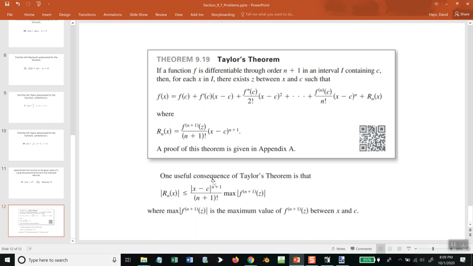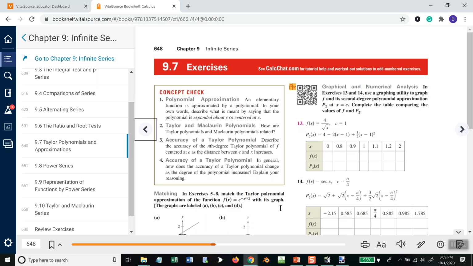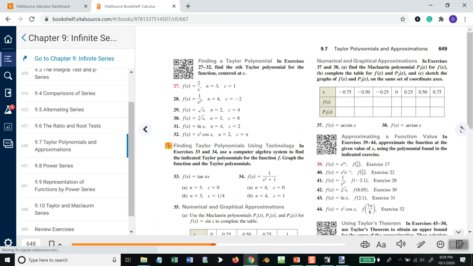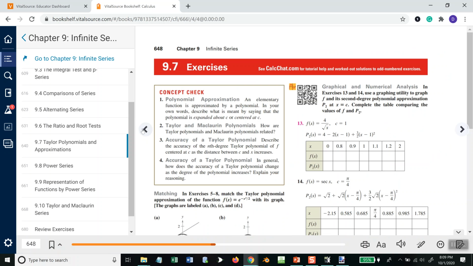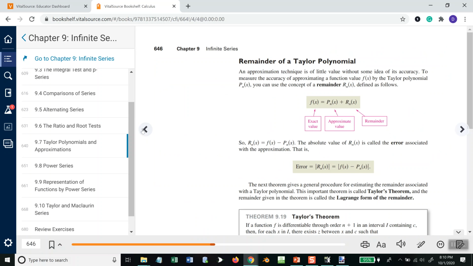One useful consequence of this is that it gives you this piece right down here, and r is your remainder. So r refers to your remainder. It's a different kind of remainder, but right idea.